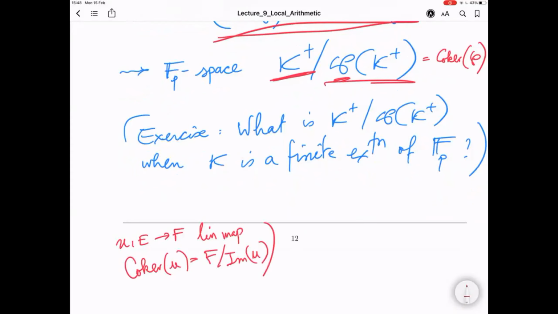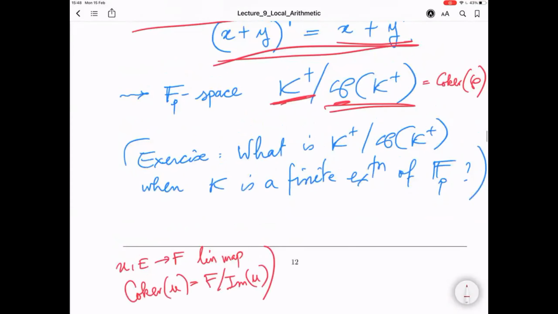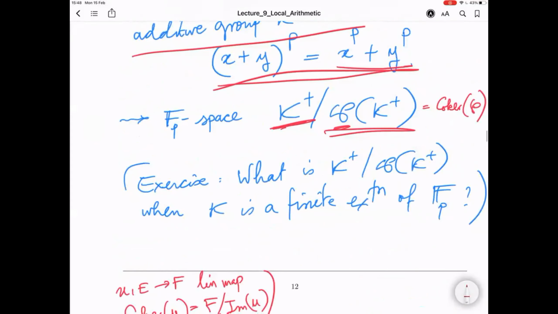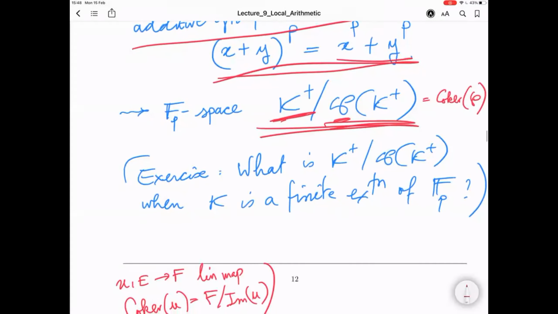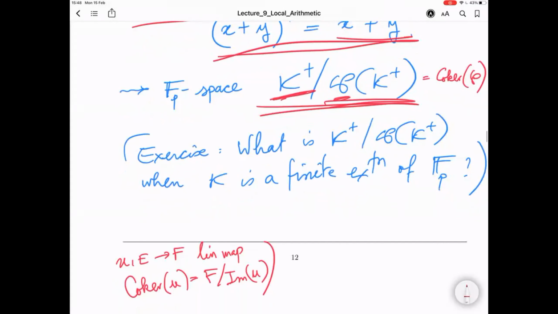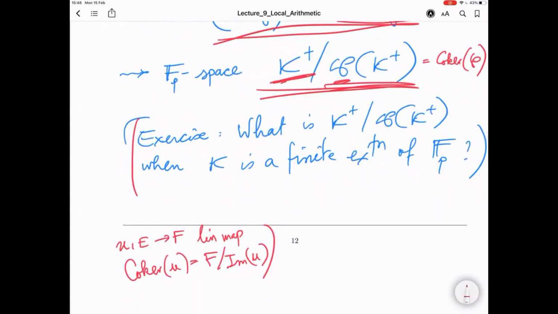So here's the image of ℘, and this is your F here. So you have this co-kernel of this Artin-Schreier map, and you might want to find out what this co-kernel is when your field k is Fp or a finite extension of Fp.